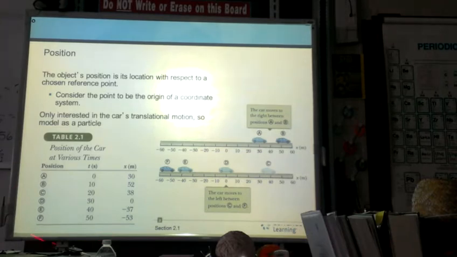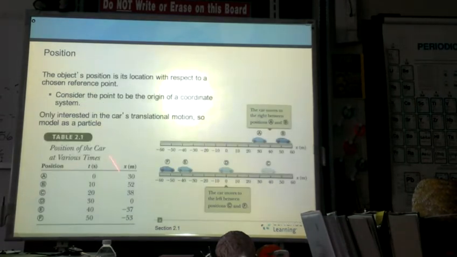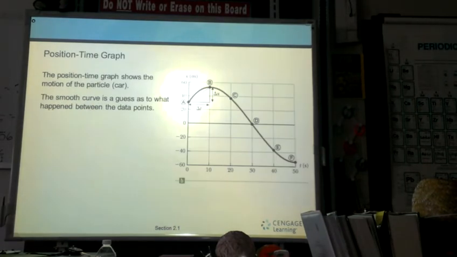Then, of course, I can have a chart plotting position with time, with times and then specific positions. Let's say I have this data, which is table 2.1 in your book, and I want to graph it. I want a PT, or position-time graph, that shows the motion of the particle.